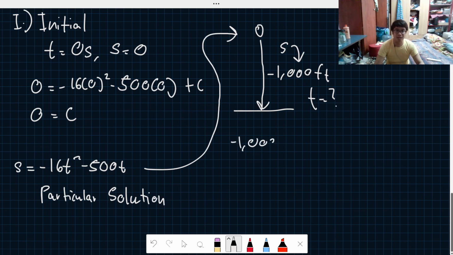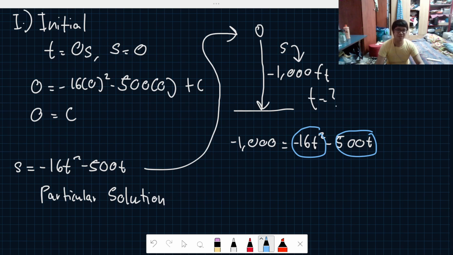Then here, we can now find the time. In this case, if you observe, you have t squared and you have t. So I think it has something to do with solving a trinomial.